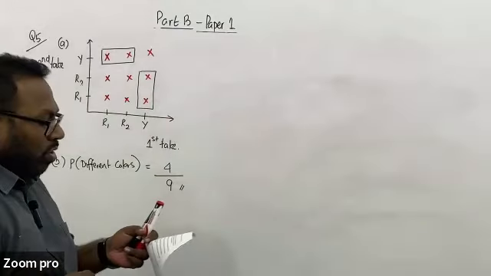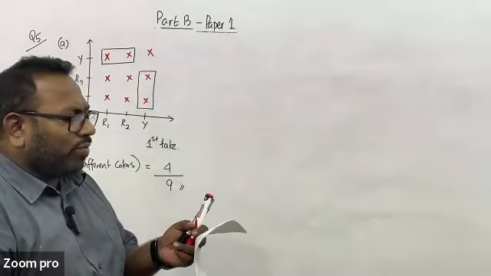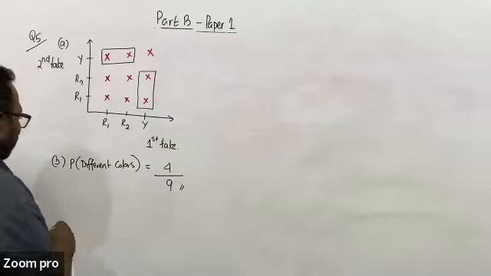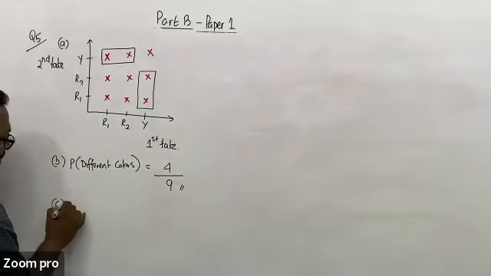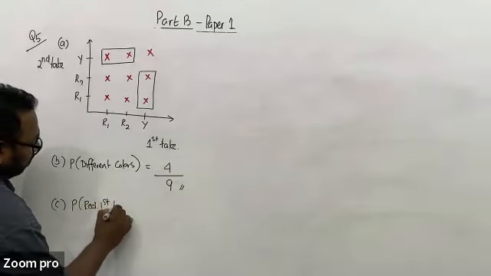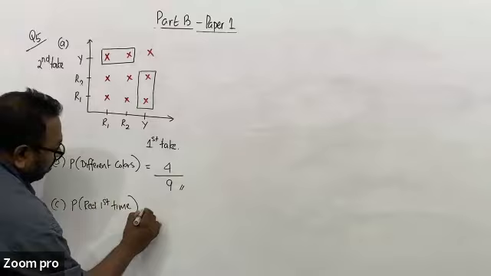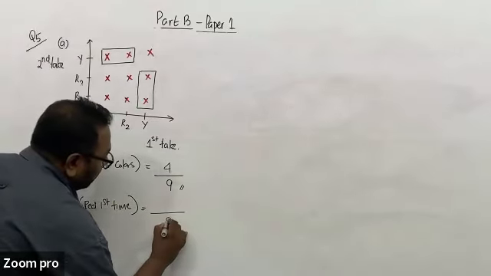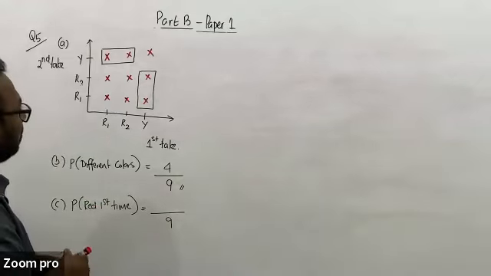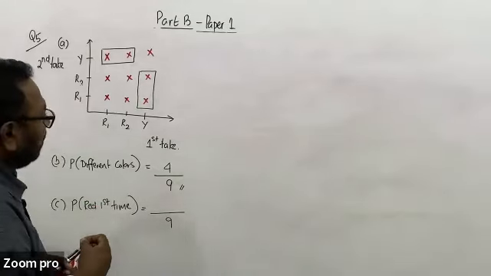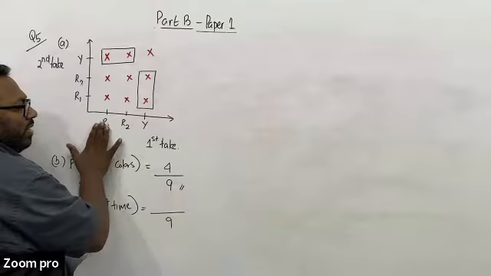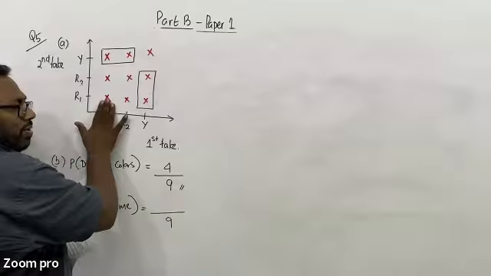Then what is the probability of obtaining a red bead the first time? So probability of red first time. Right? We know your sample space is 9. Those are your total outcomes. Now what they're saying is, what is the probability that you're getting a red the first time? So you can take R1, second time R1.